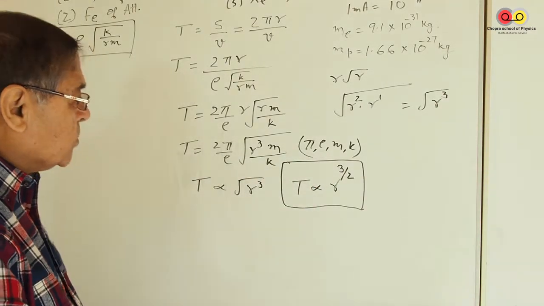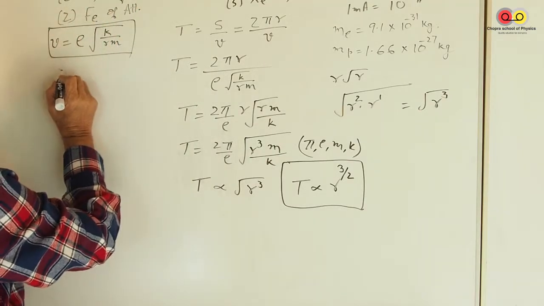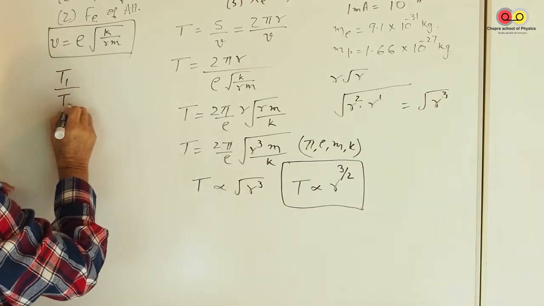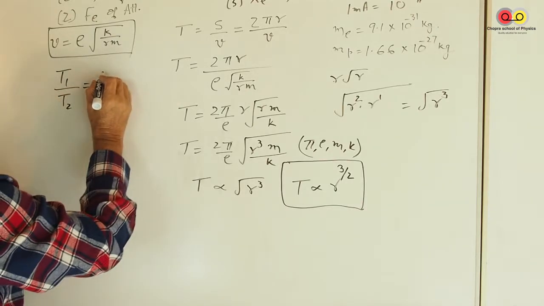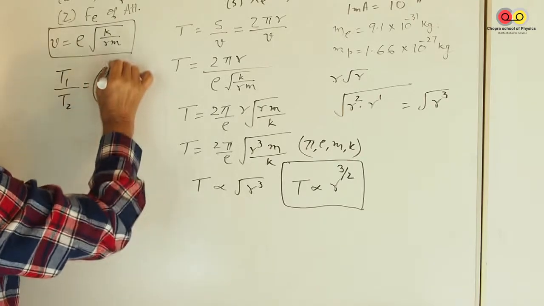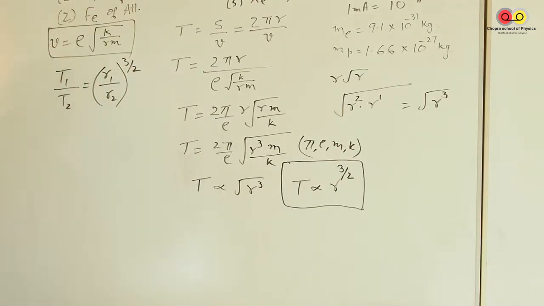So we can also say that if there are two orbits, then we can write T1 over T2 equal to R1 over R2 to the power 3 by 2. Now it will be a competitive question.